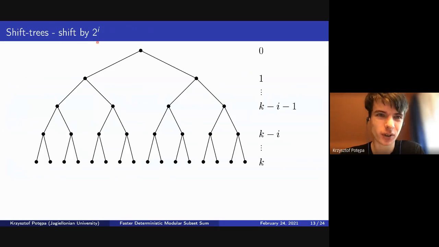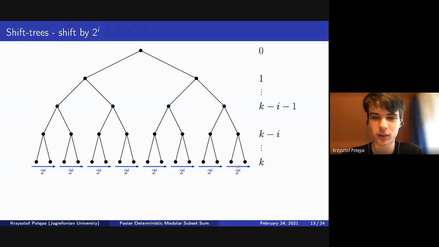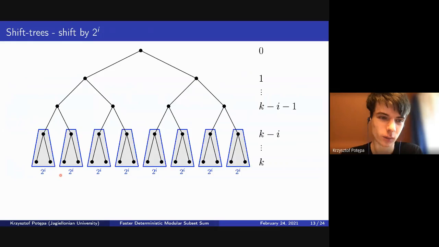So first, let's consider a shift by a power of 2. We want to shift the represented string by 2 to the power of i. So what's the naive approach? Naive approach would be to simply shift values in leaves and then recalculate all the hashes. But we can notice that if we shift leaves by a power of 2, then we actually shift some subtrees by 1 to the right.